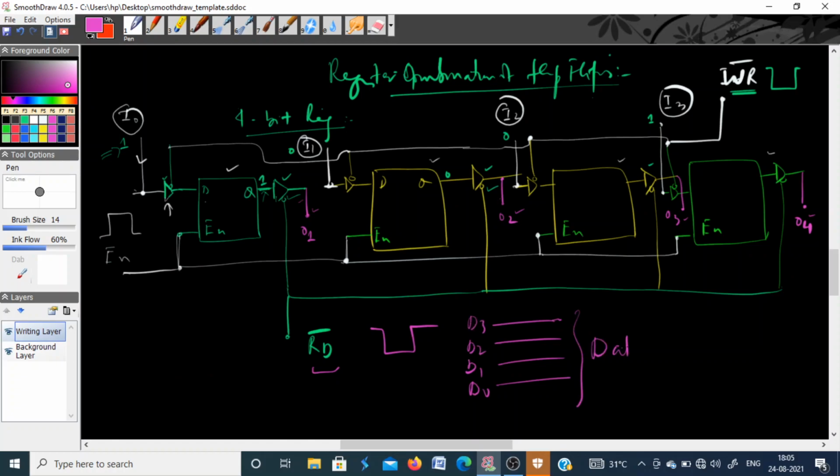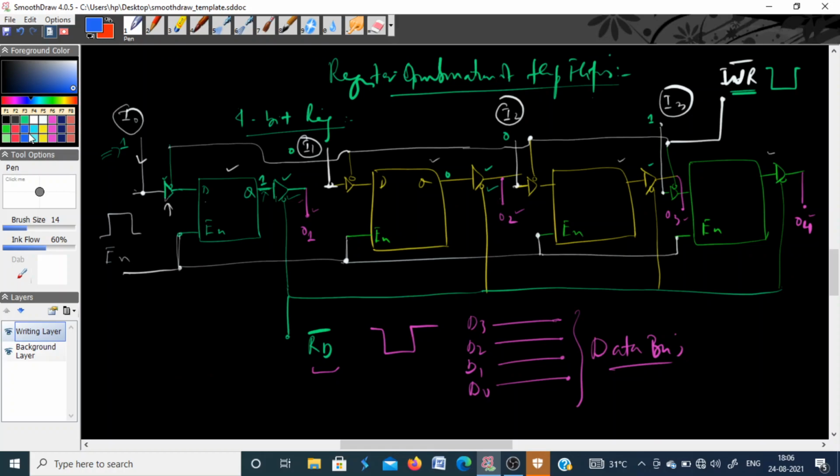This is the databus. These inputs and outputs must be connected with this databus, because the data will come through the databus from this register, or go into this register through the databus, to and fro. So how is that done?